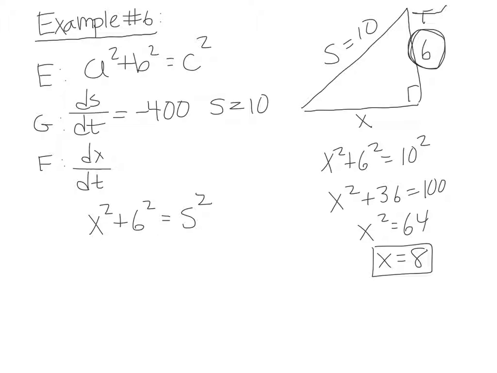So my related rates equation would then be 2x dx/dt. The 6 squared just becomes a 0 when taking the derivative, and then that gives me 2s ds/dt. I can cancel the 2's out of each side, and I get x dx/dt equals s ds/dt.